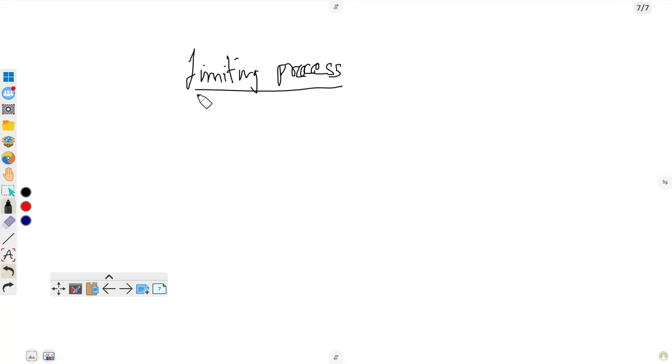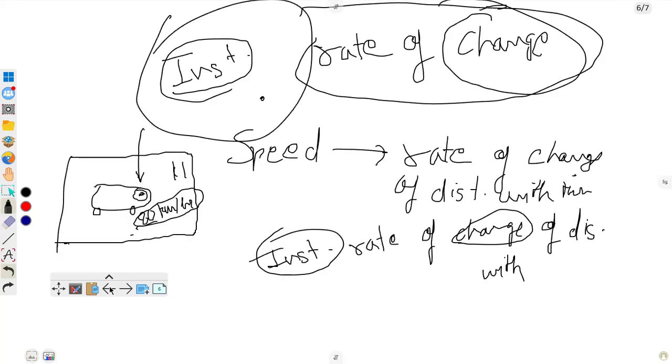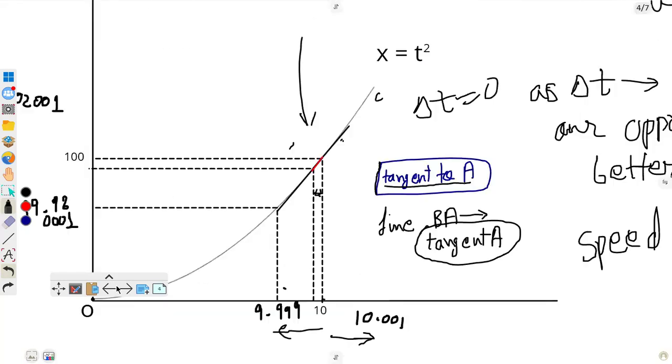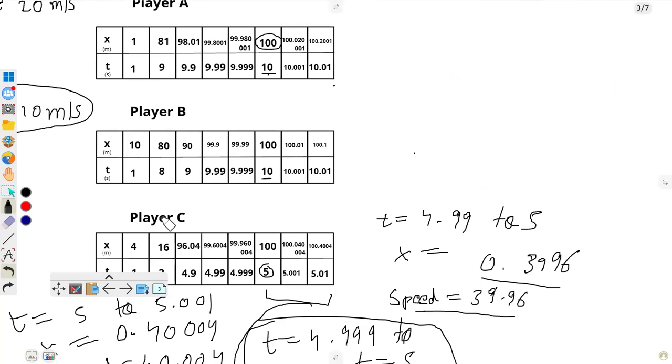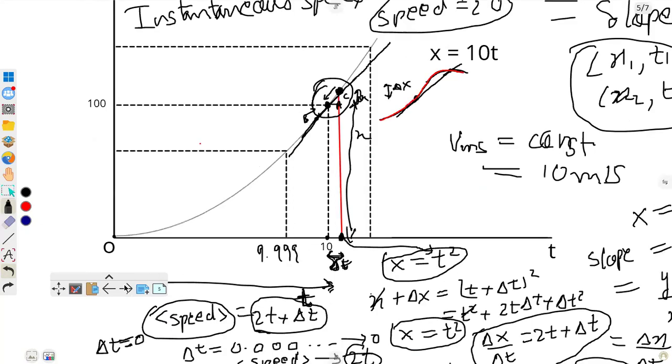And I hope everything made sense. Even after the class, you can try this at home, and you'll get a much better understanding. You can try plotting the graphs and all that.